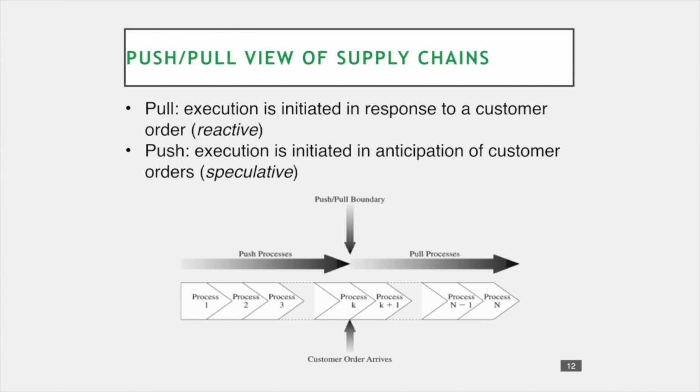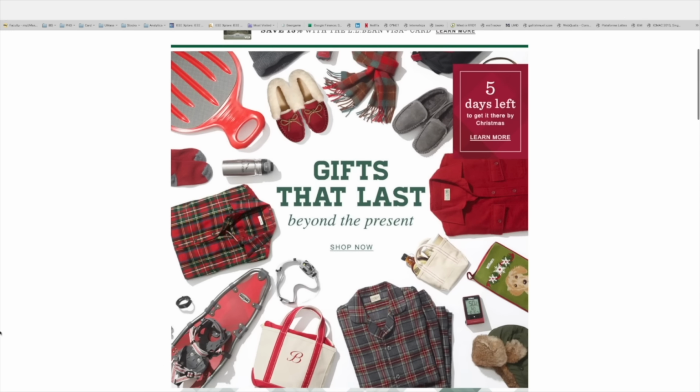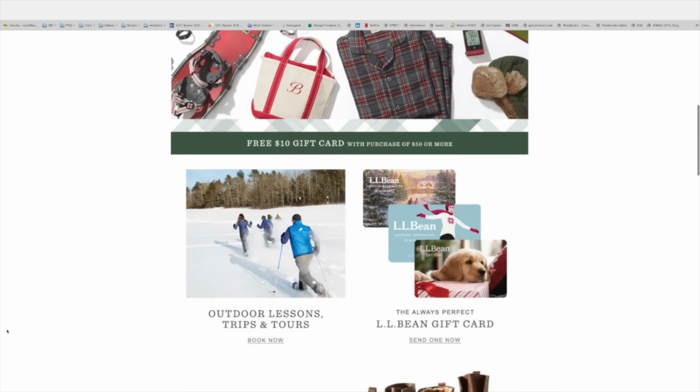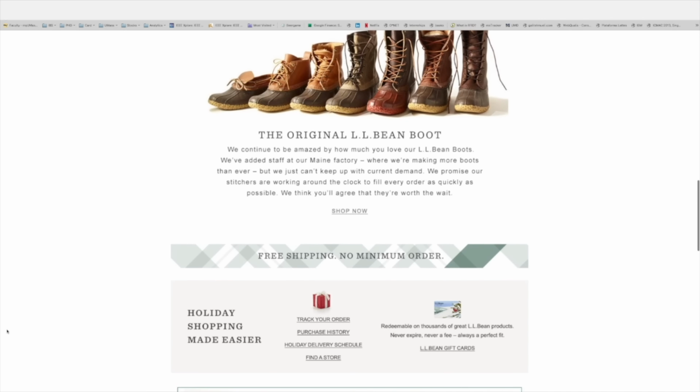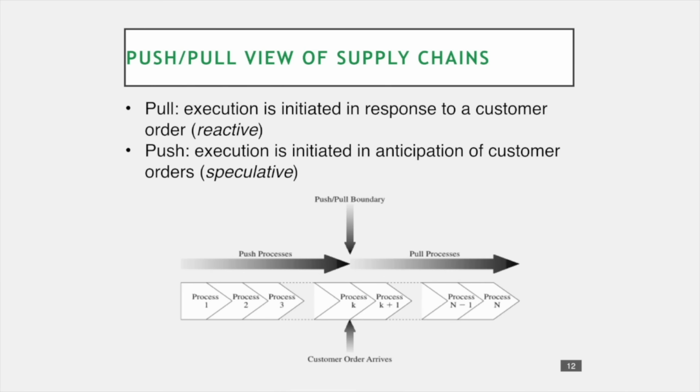Let's take an example of a company named LL Bean. So this is a make-to-stock kind of business. What happens here is as soon as a customer places an order, the processes within the customer order cycle initiate. And because all the processes in the customer order cycle get started because of the customer placing an order, they are called pull processes.